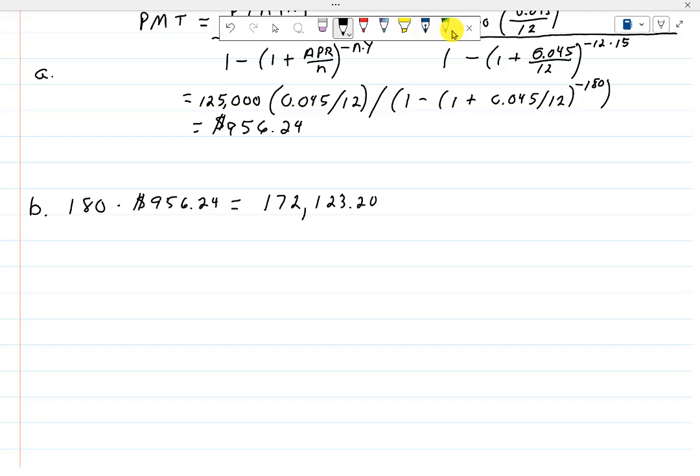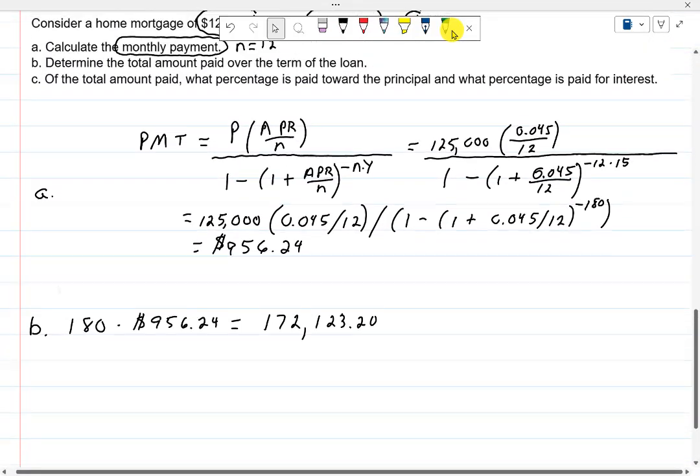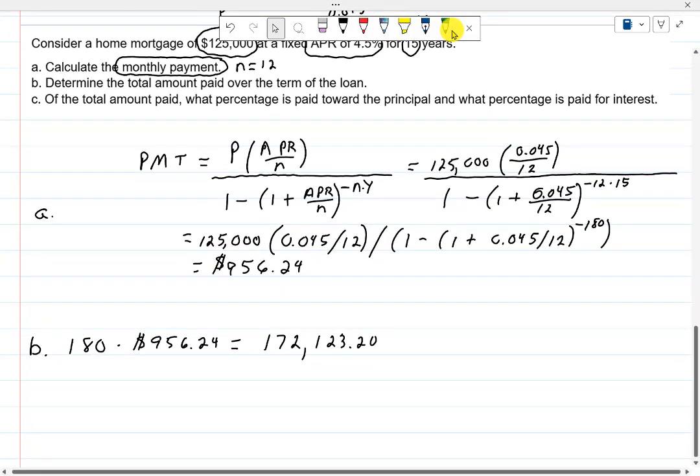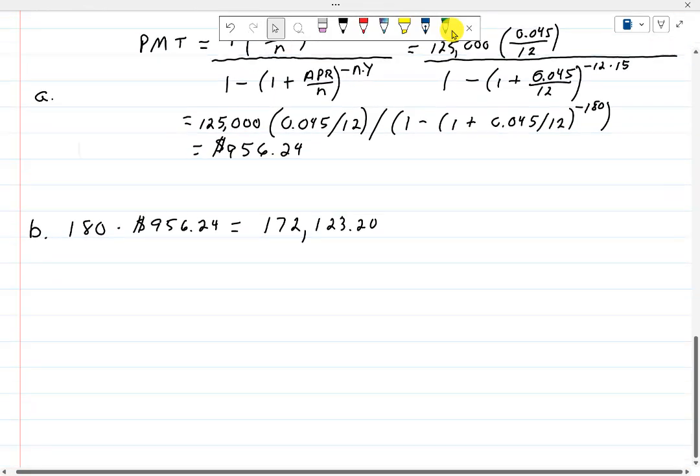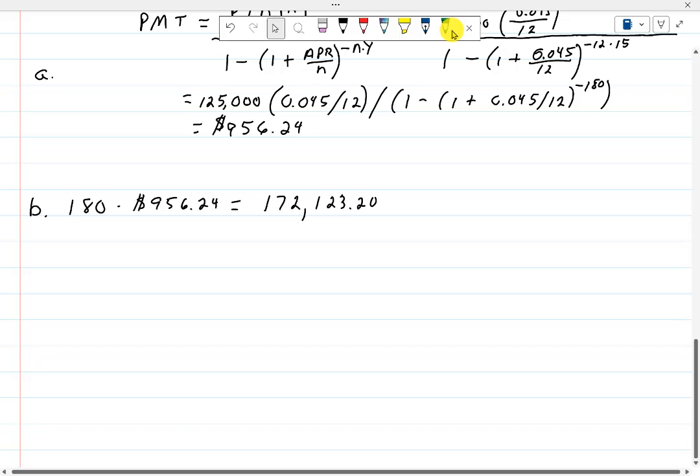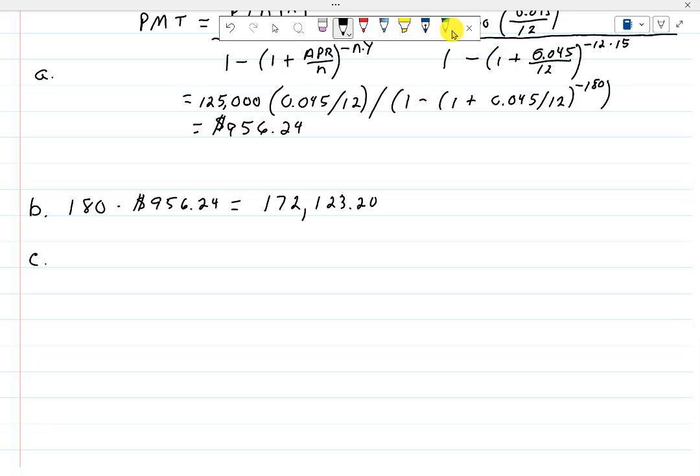Total of 172,000. So we look, the total loan was 125,000, and so we're paying about 47,000 more in interest. Notice the low interest rate, and plus it was only for 15 years and not 30 years. That's why these terms seem better than they were in the previous problem.